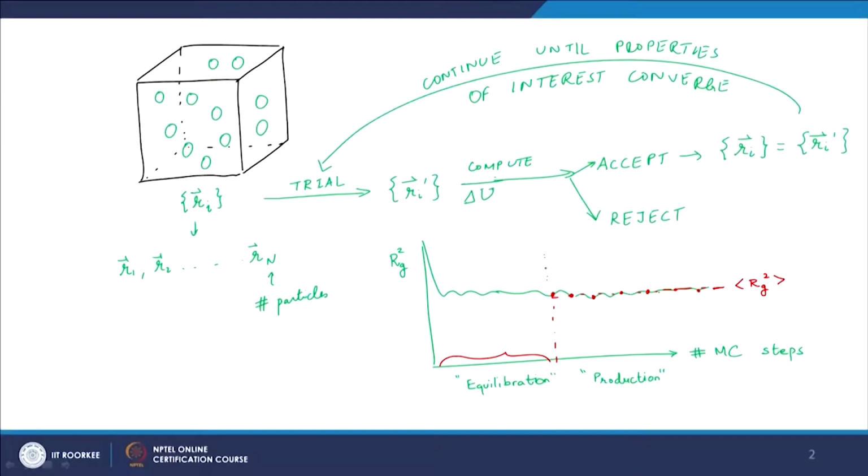Now, you may well ask why I am taking samples in the plot that are somewhat farther from each other. Why not take samples adjacent to each other? Why do we discard these open circles that I am drawing, which are in between these closed circles?